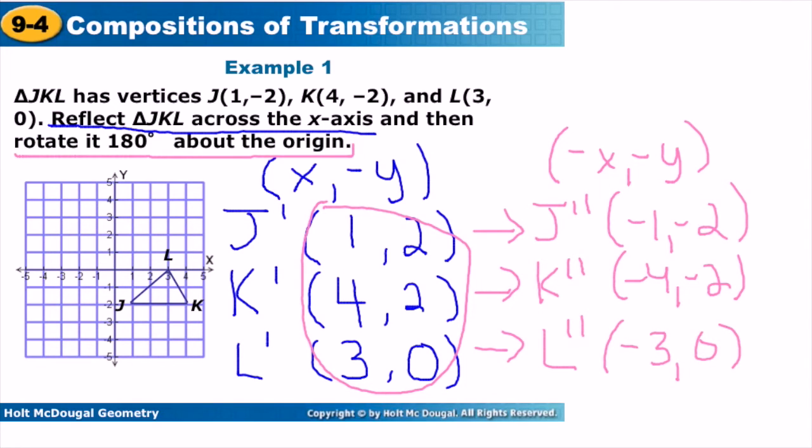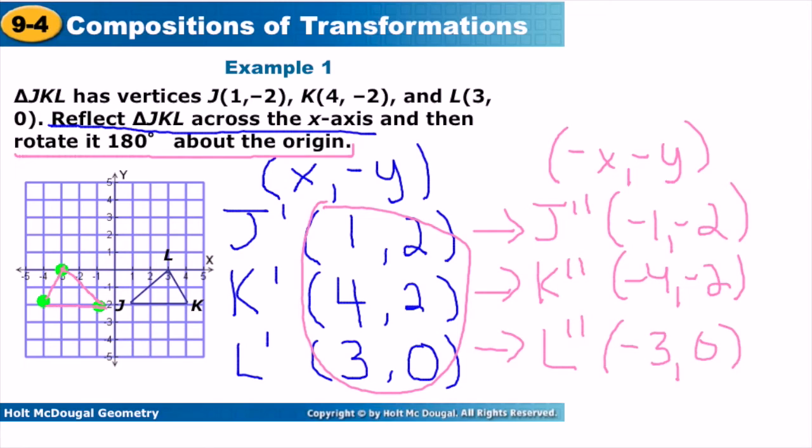So now that we've got these new points, we are going to graph them. Our first is negative 1, negative 2, our second, K prime, is negative 4, negative 2, and finally we've got negative 3, 0. Okay, so we will connect our dots here, and we're going to make sure that we label our terms. I realize that my points are off a little bit.